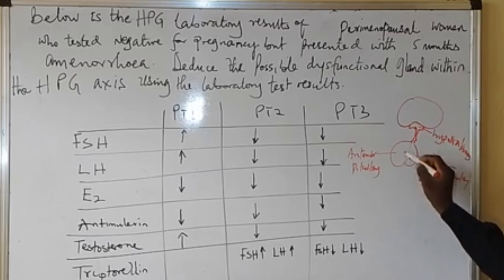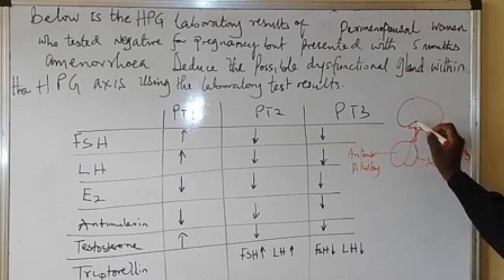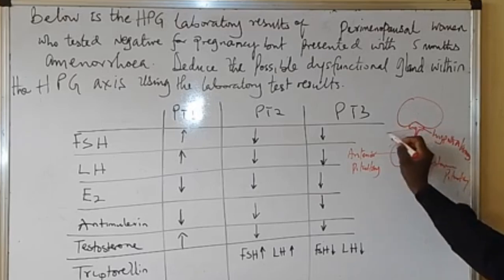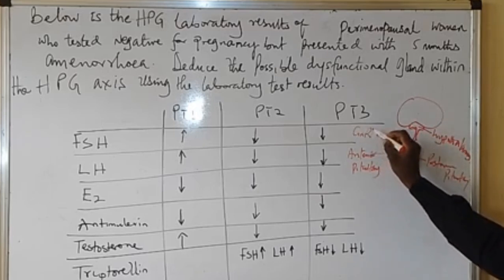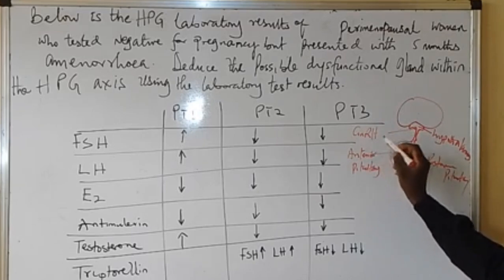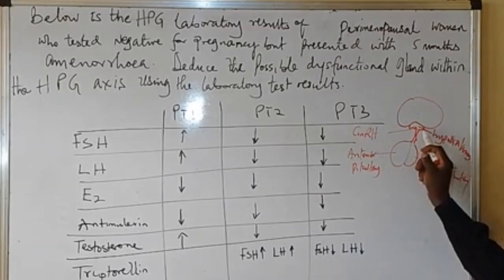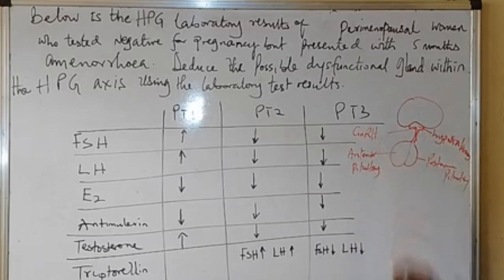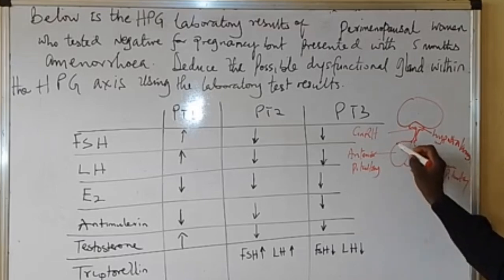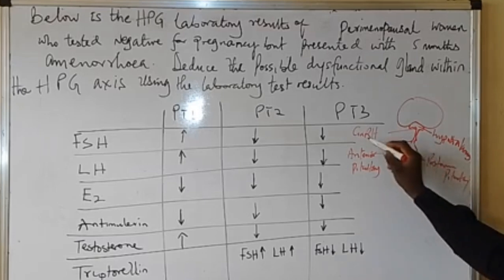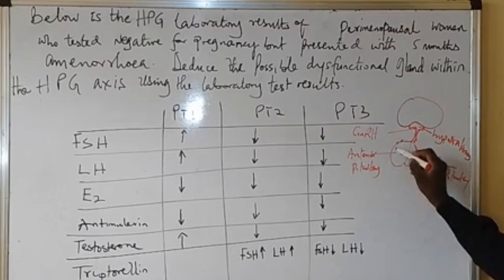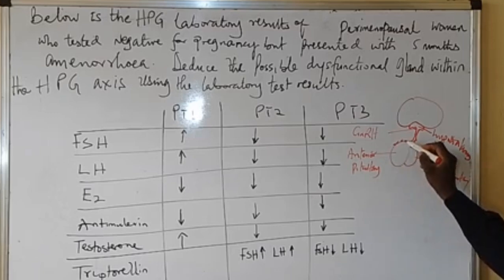Now from here, the hypothalamus will secrete a hormone called GnRH, gonadotropin releasing hormone. So the hypothalamus secretes what? Gonadotropin releasing hormone, which acts on the receptors present on the anterior pituitary.